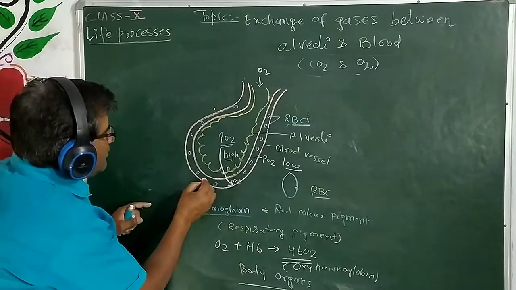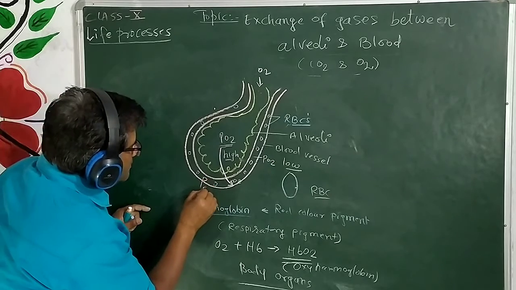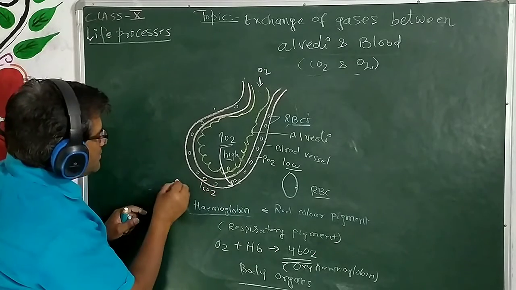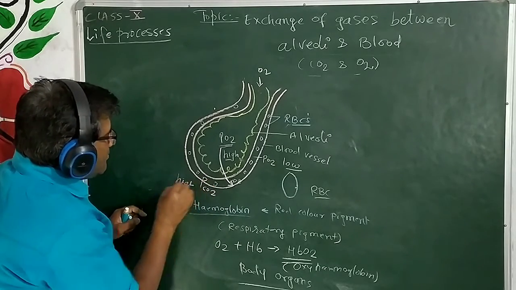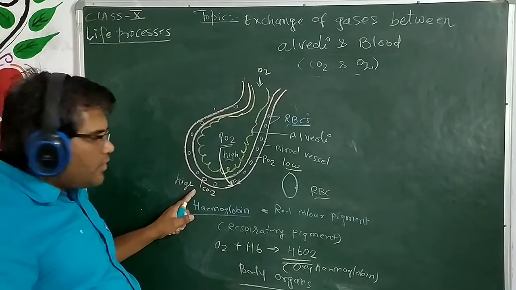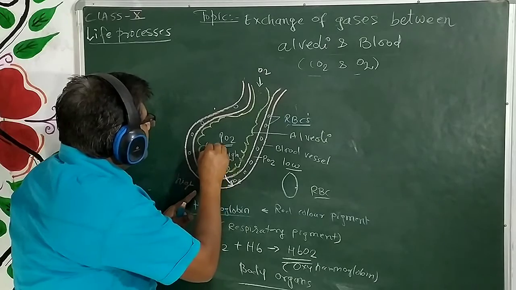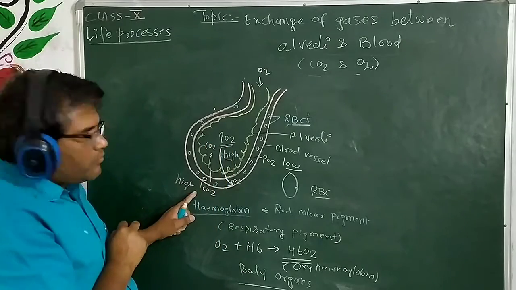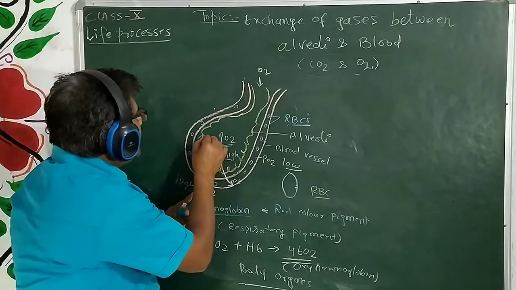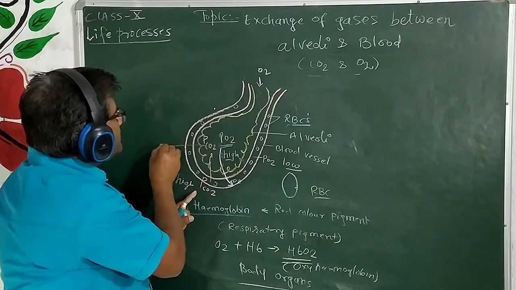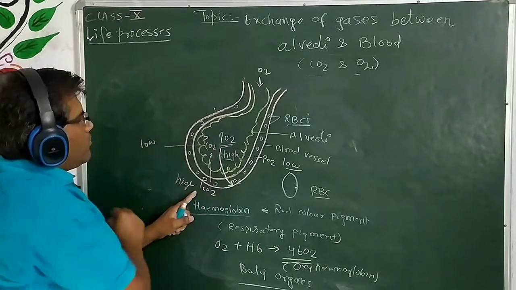Similarly, in the blood vessels there is a high concentration of carbon dioxide, so the partial pressure of carbon dioxide is high. From this blood, carbon dioxide enters the alveoli, because the partial pressure of CO2 in the alveoli is low.